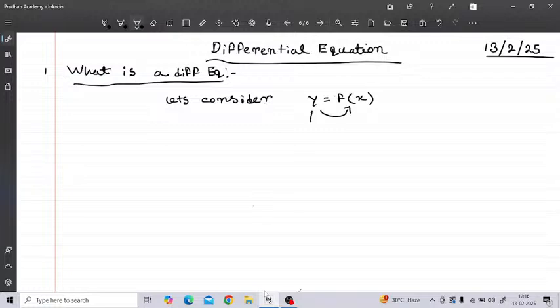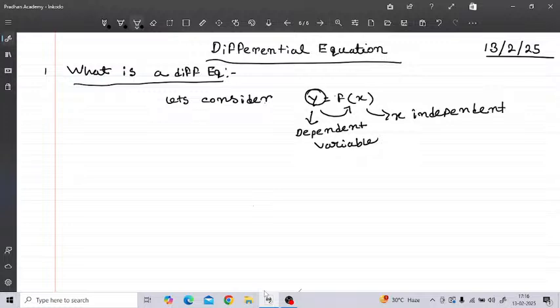So here this y is a dependent variable and our x is the independent variable. Now if we make an equation involving the derivative of this dependent variable with respect to this independent variable, that is called our differential equation.